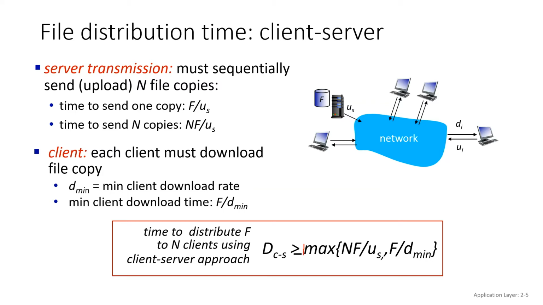Okay, now given all that, we have some components here. You have to take note that this is the distribution time in a client-server architecture. This is the minimum distribution time. So here we're calculating the minimum distribution time in a client-server architecture, the lower bound of this distribution time.